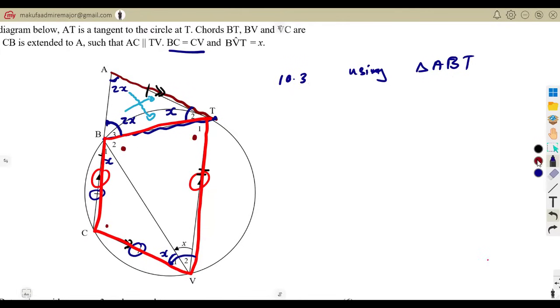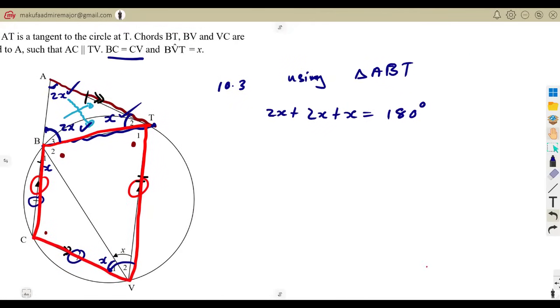Using triangle ABT, we know that the sum of interior angles must add up to 180 degrees. Thus, we add the 2x plus another 2x that we are given, plus this x that we are given. We are supposed to obtain 180 degrees. This is the sum of interior angles of a triangle.